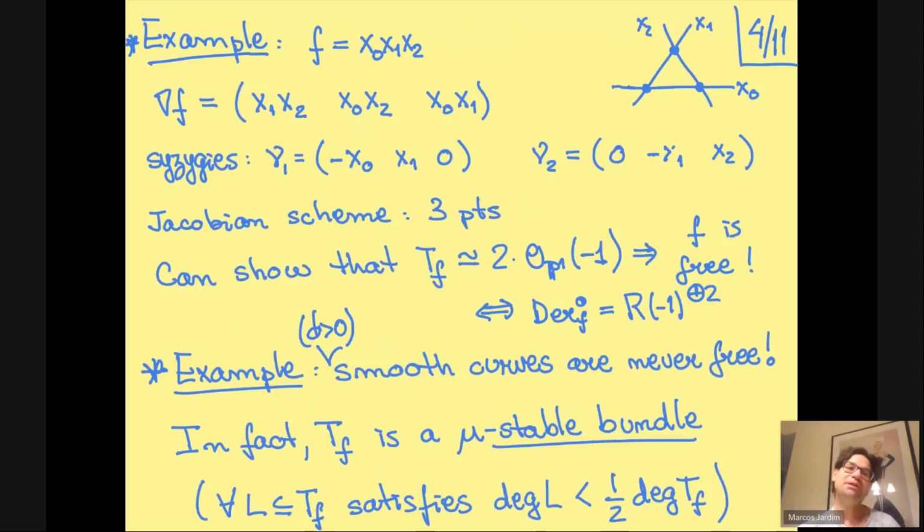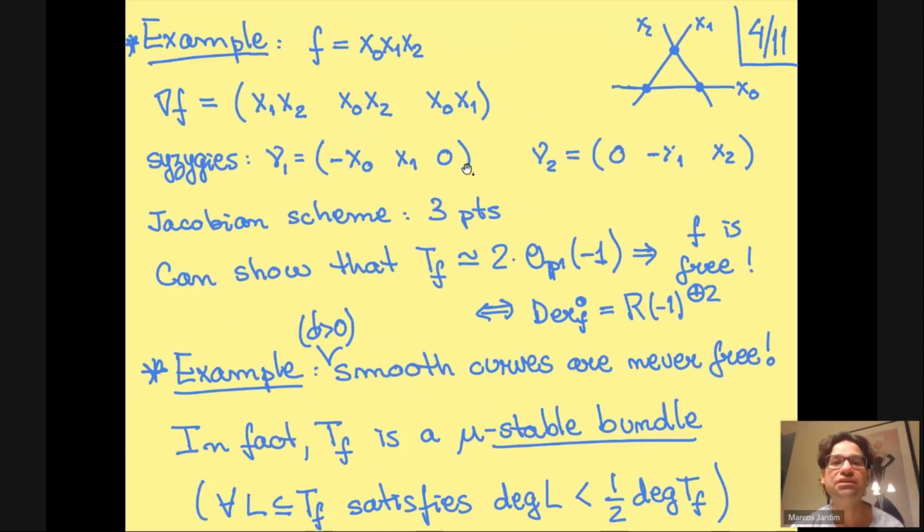So let me give you two simple examples. So one is this generic arrangement of 3 lines. So have F to be this polynomial of degree 3. Then one can check that the gradient of F has 2 syzygies that I'm denoting here by nu1 and nu2.